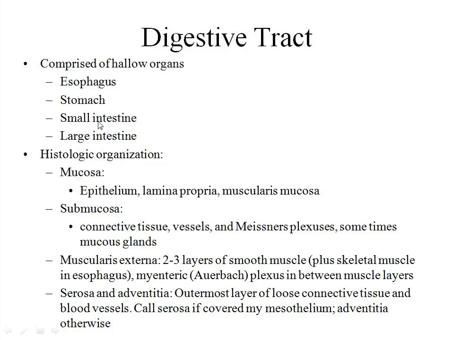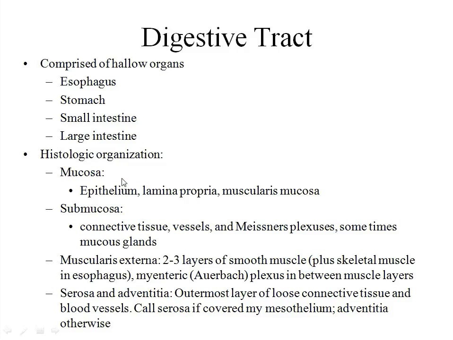Histological organization, we are interested in this portion with respect to our course, mammalian histology. We are more concerned about the histological structure of the digestive system. So throughout this tube system in the GI tract, you will find the basic histological organization of the digestive tract divided into four layers: mucosa layer, submucosa layer, muscularis layer and serosa layer.